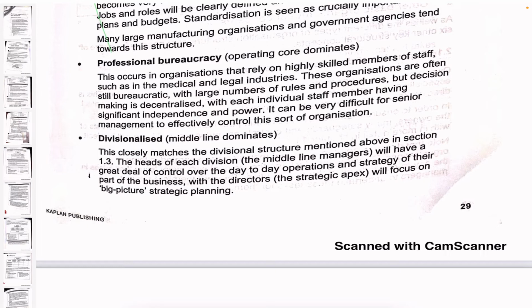If a doctor is performing surgery, they can't stop the surgery and go to their heads and ask for the decision. They have to decide based on their high skills. They have independence, they have freedom. That is what is known as professional bureaucracy, where the operating core dominates.